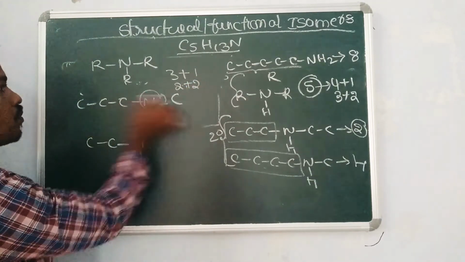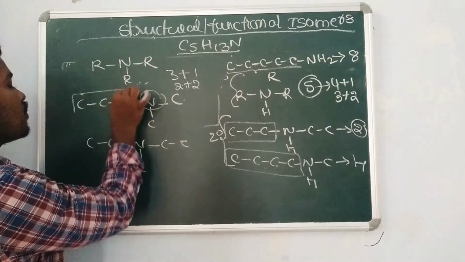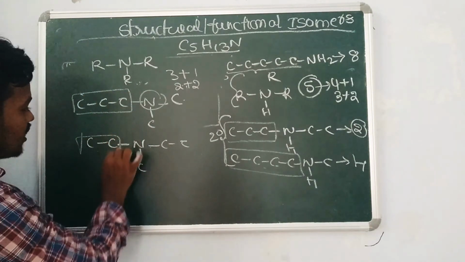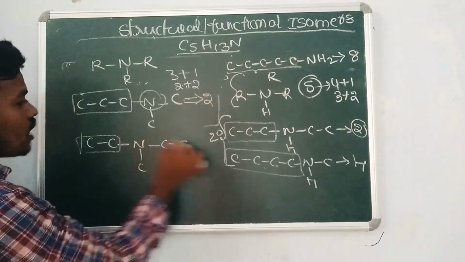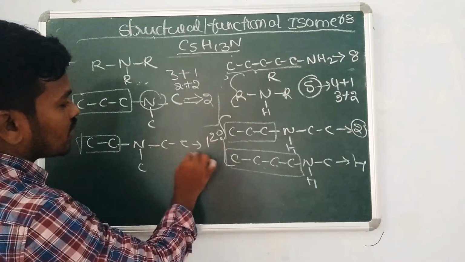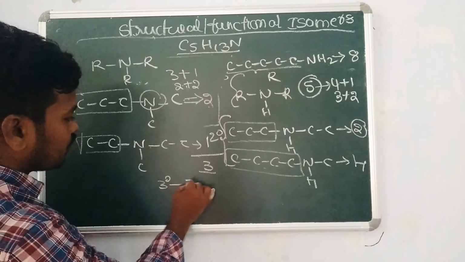Here 3 carbons are present, and here 2 carbons are present. With 3 carbons, 2 isomers are possible. With 2 carbons, 1 isomer is possible. So the tertiary amine count is 3.